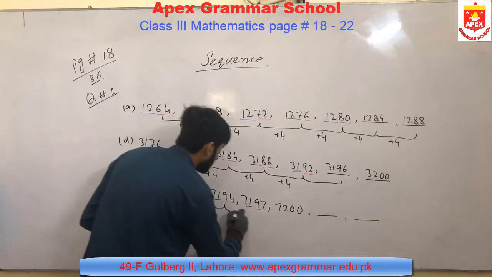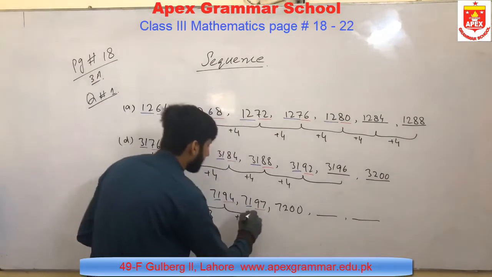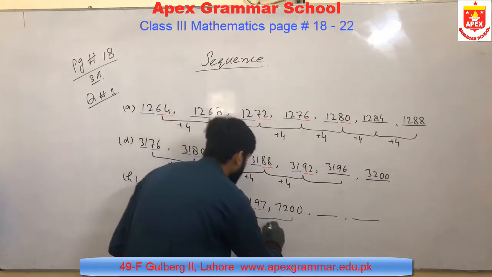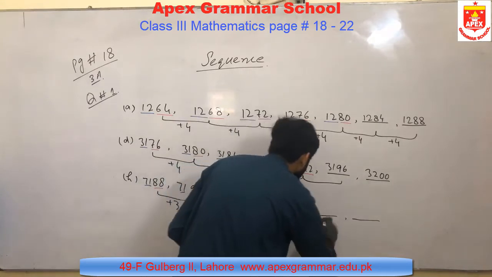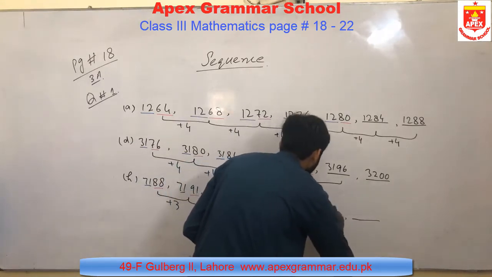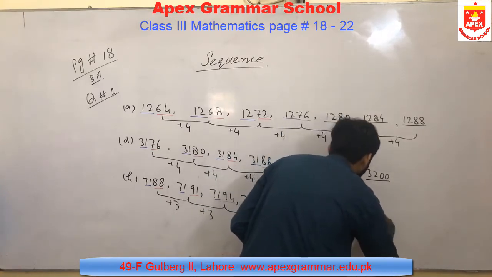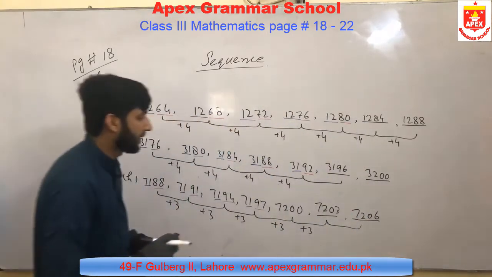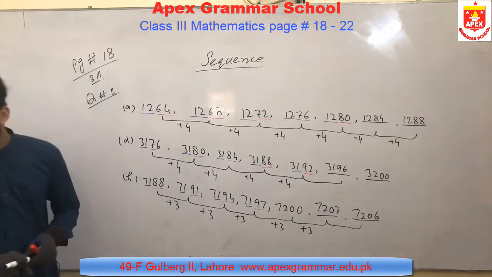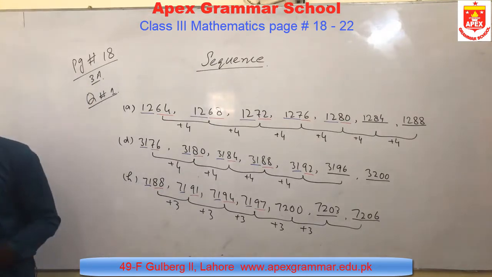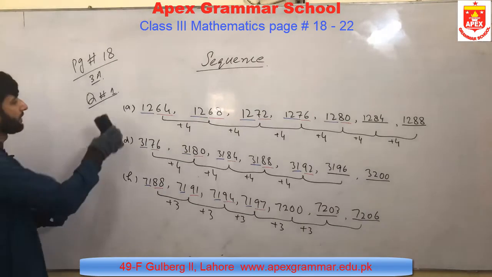Plus 3, then to find the next it's 7200 plus 3, which is 7203, and then 7206. This is how to solve these sequences. This is question number 1 on page number 18, book 3A Macmillan.